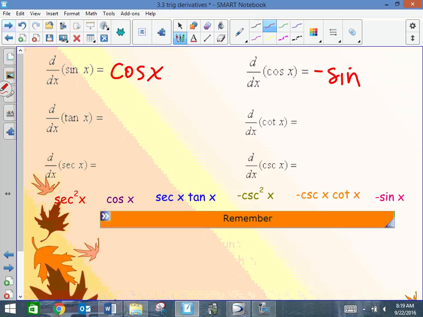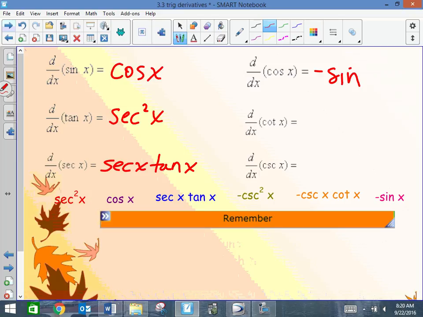We don't do the hyperbolic ones. Okay. So tangent of x is secant squared of x. Okay. Secant is secant tangent. Okay. These are all in the book.